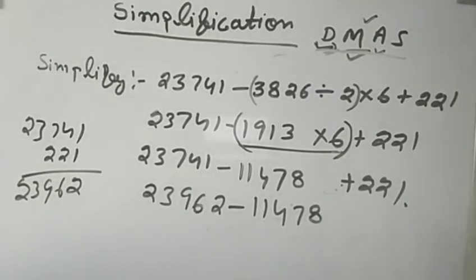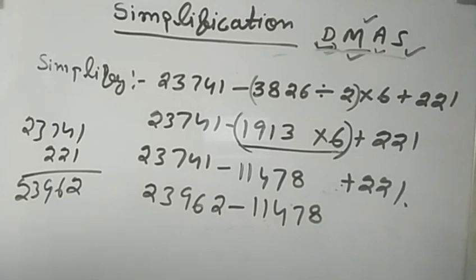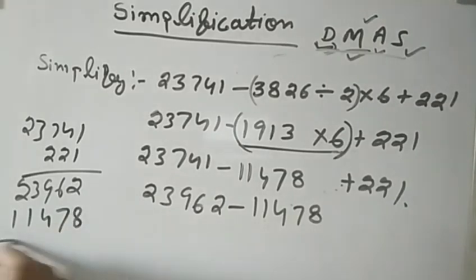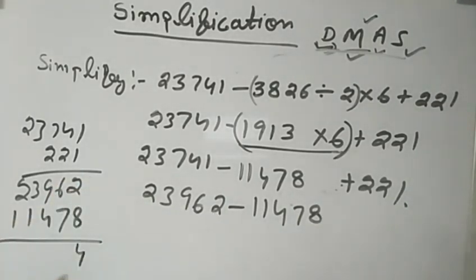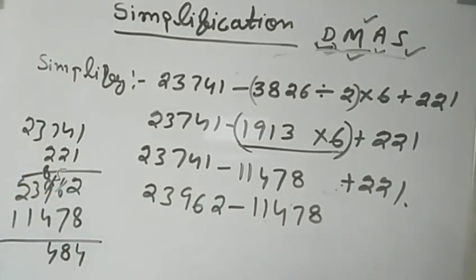Okay, now we have to do the subtraction at last. When we subtract 11478 from 23962: 12 minus 8 is 4, 5 minus means 15 minus 7 is 8, 8 minus 4 is 4, 3 minus 1 is 2, 2 minus 1 is 1.